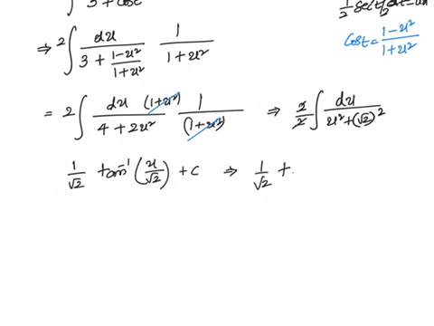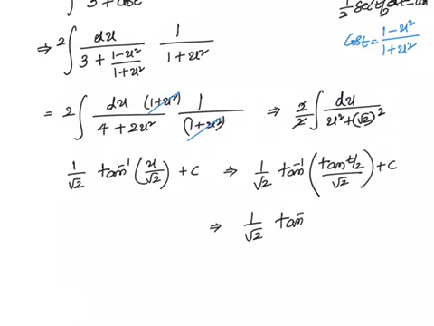So we can write down 1 by root 2 tan inverse of tan t by 2 by root 2 plus c, but we know that t equal to 4x, so we can write down 1 by root 2 tan inverse of tan 2x by root 2 plus c. So that will be our final step.